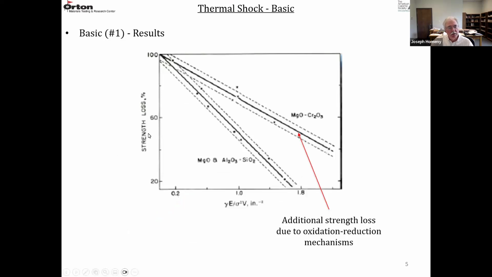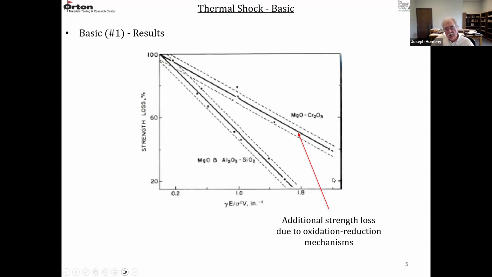And they plotted strength loss, and this is R4 prime. The MgO and the alumina silica fell on this line, and then the mag chrome fell on this line. So the higher the R4 prime value, increasing from left to right, the lower the strength loss.